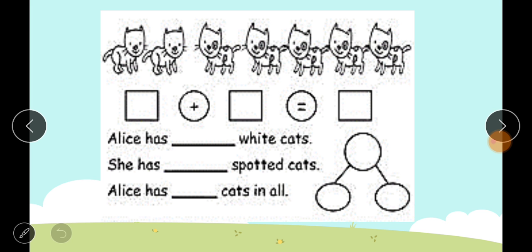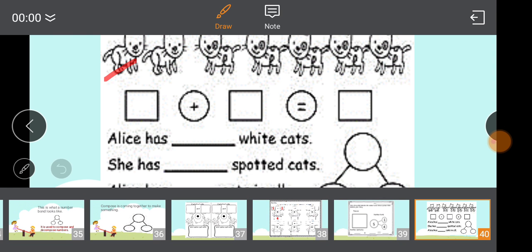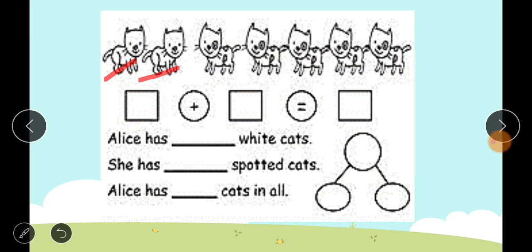Alice has dash white cats. How many white cats do we have here? 1, 1, 2. So she has 2 white cats. How many spotted cats? Let's count them. 1, 2, 3, 4, 5. 5 spotted cats.